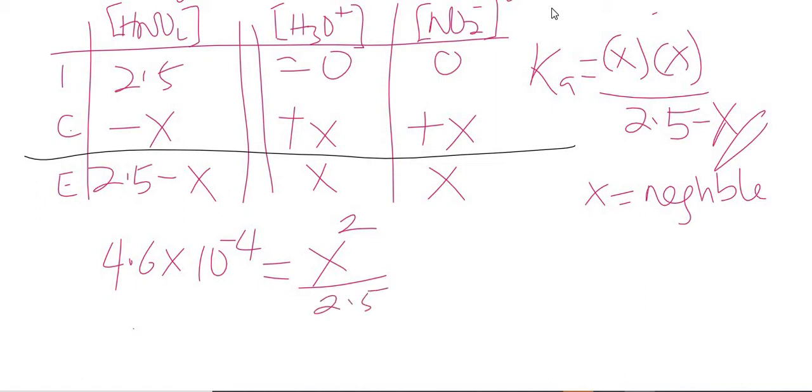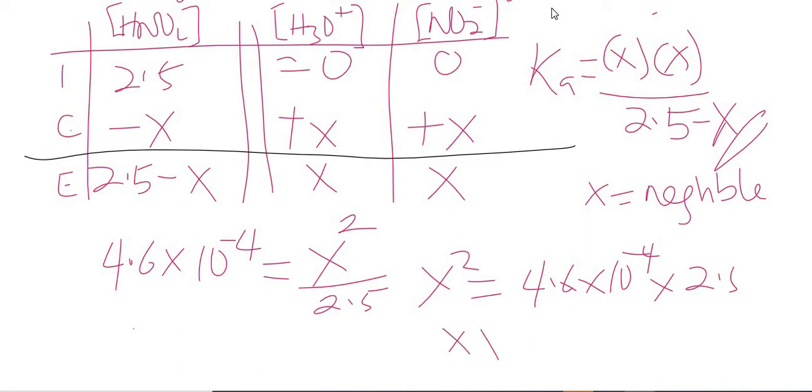And x squared is equal to 4.6 times 10 to the negative 4 times 2.5, so x is the square root of 4.6 times 10 to the negative 4 times 2.5.